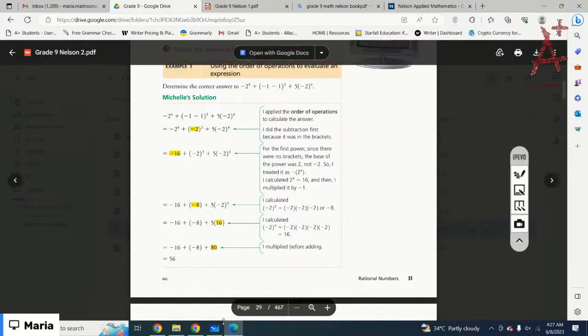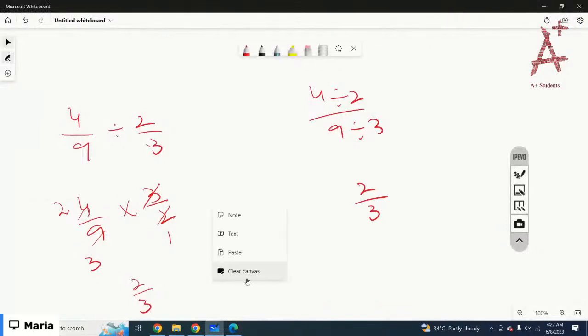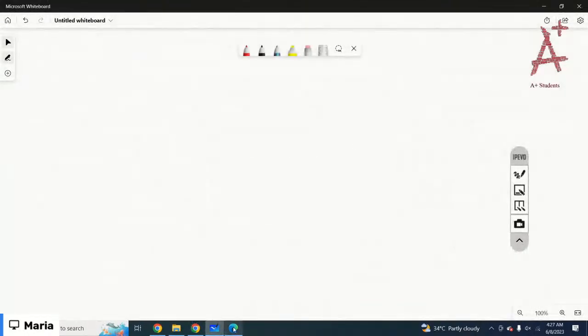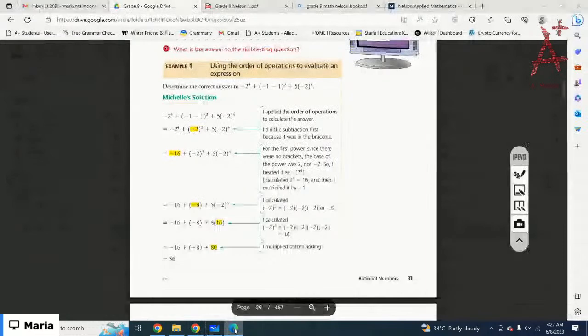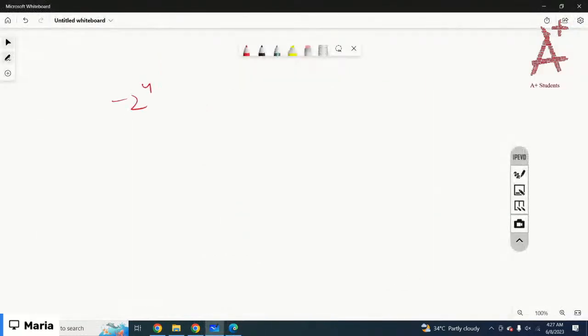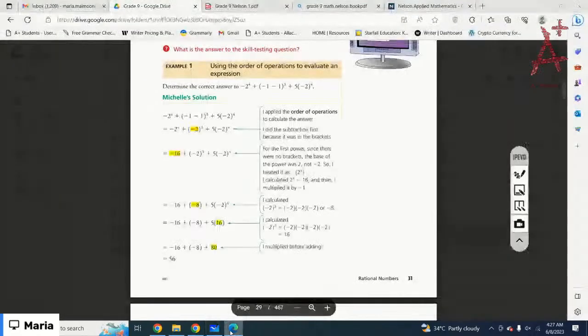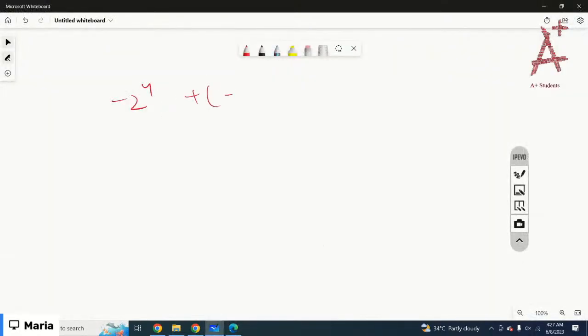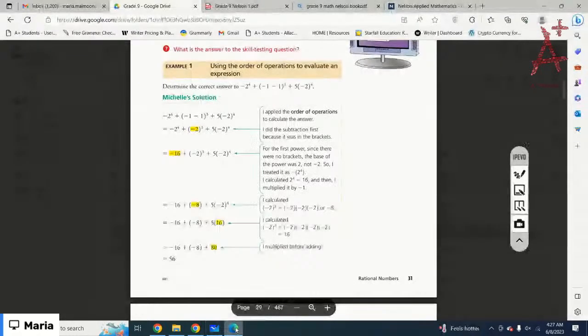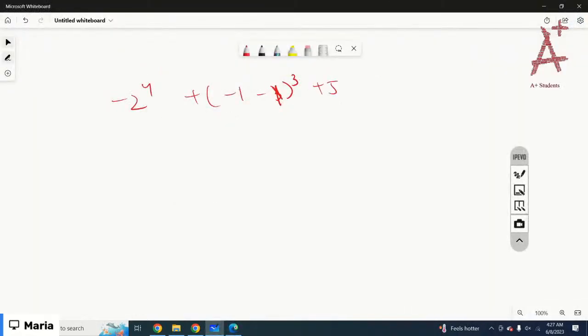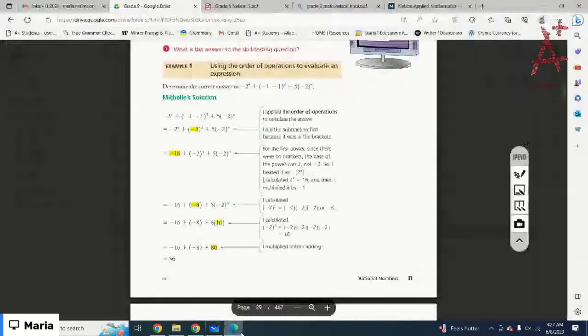Let me write it down on the board: negative 2 exponent 4 plus minus 1 exponent 3 and plus 5 times negative 2 exponent 4.